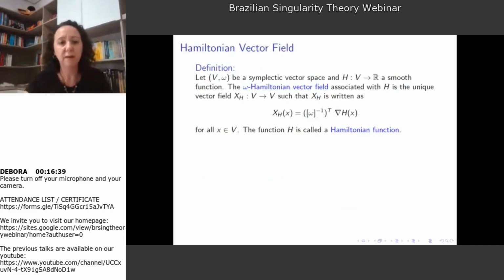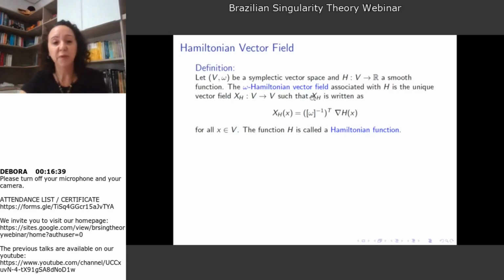But how can we define a Hamiltonian vector field in a more general context? If you have a symplectic vector space V, omega is a bilinear form that is skew-symmetric and non-degenerate, and H from V to R is a smooth function. The omega Hamiltonian vector field associated to this function is the unique vector field that we can write in this form.